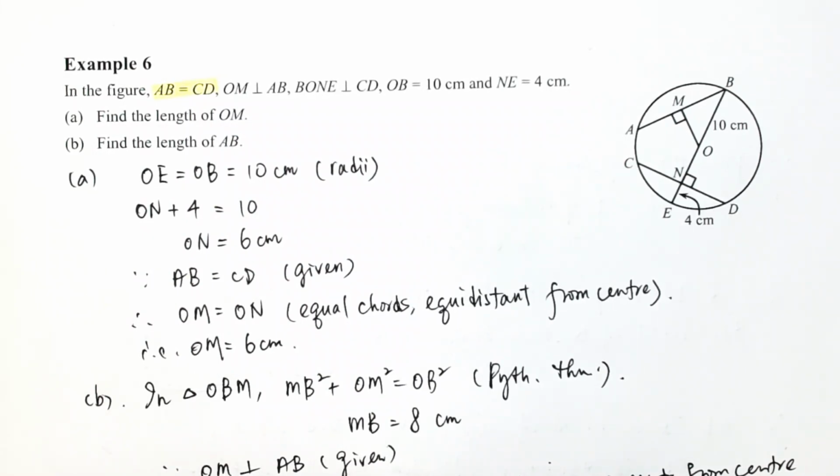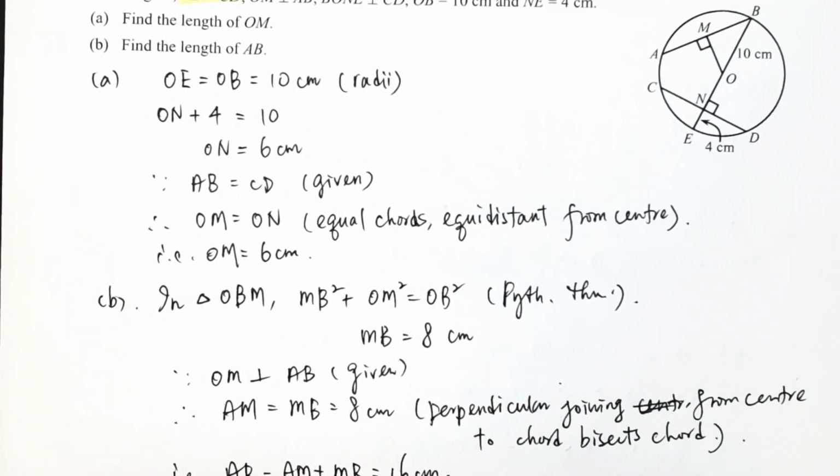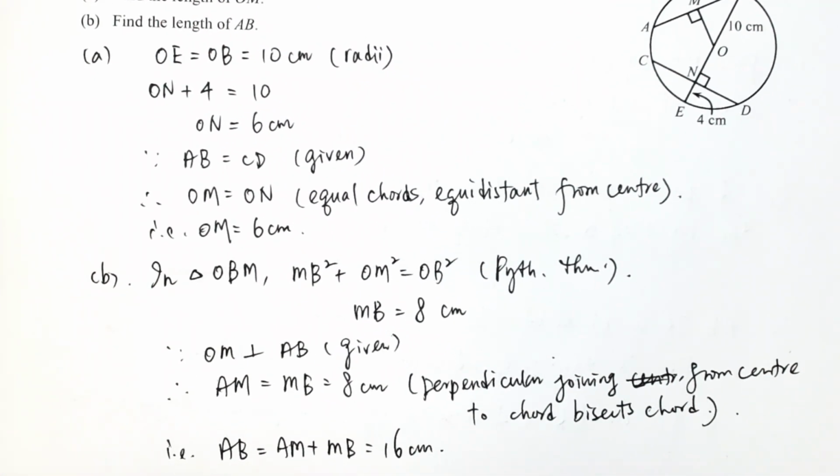Okay, and that is AB is the sum of these two, which is 16 cm.